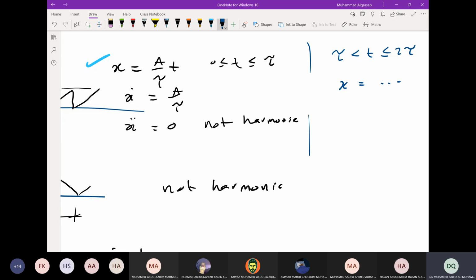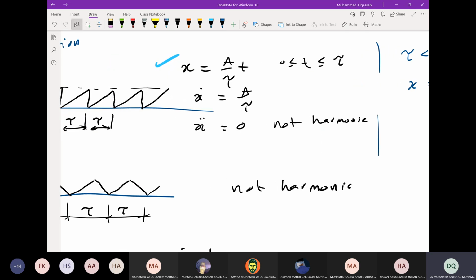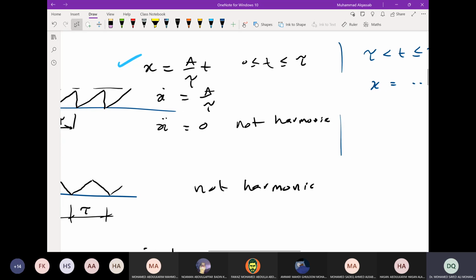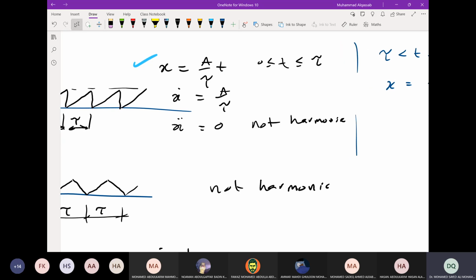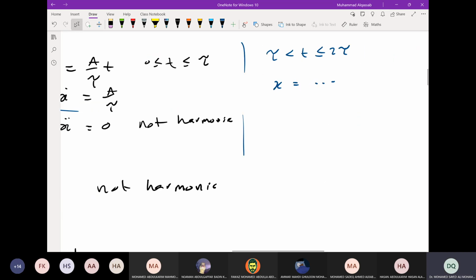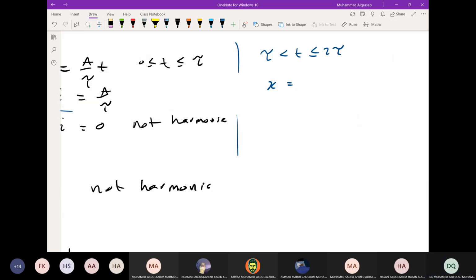You have to find the equation of a straight line, which has the same slope, a over tau, multiplied by t minus tau plus 0.